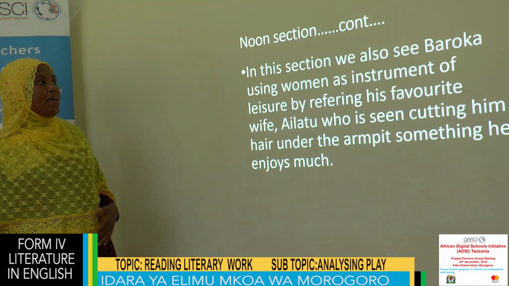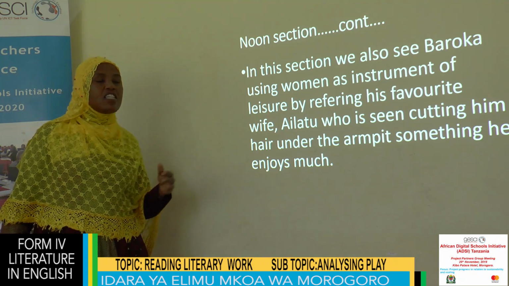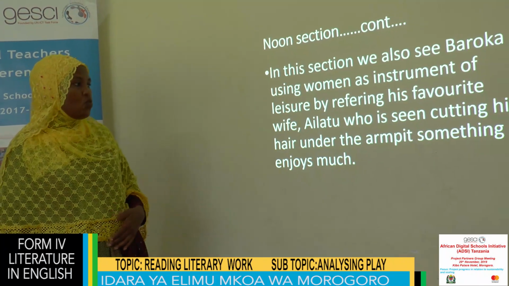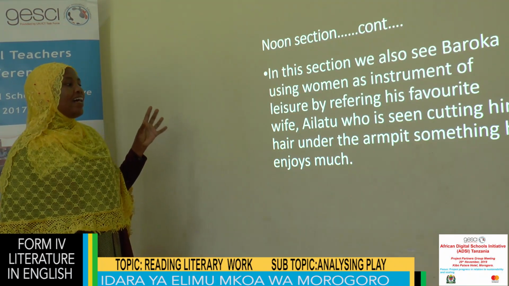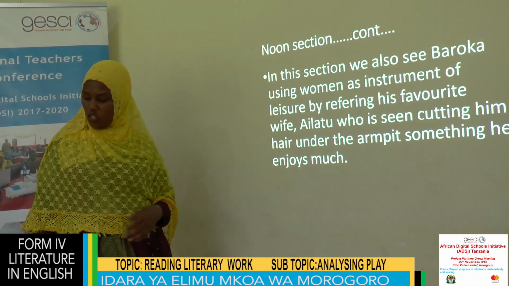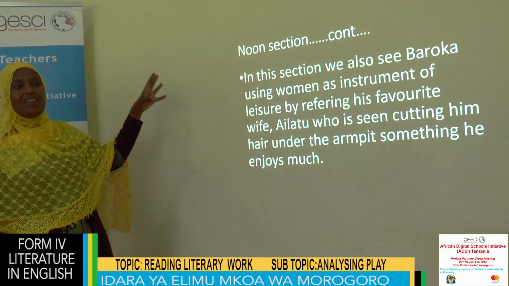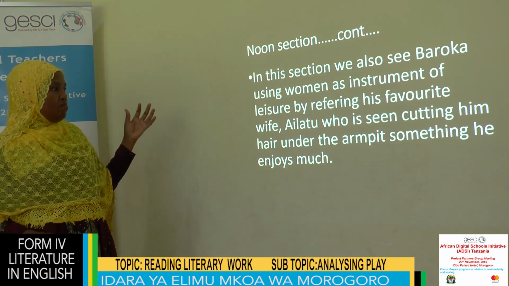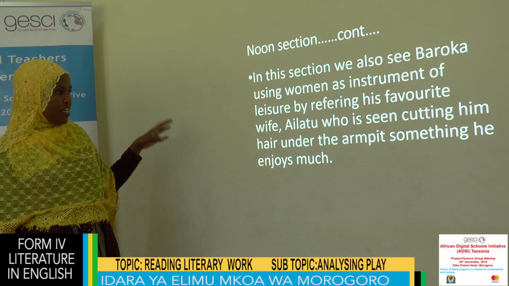Still in this section, we have seen that Baroka is using his youngest wife, Ailatu, who is seen cutting the hair under his armpits, something he enjoys very much. This man has a tendency of using women to give him pleasure.